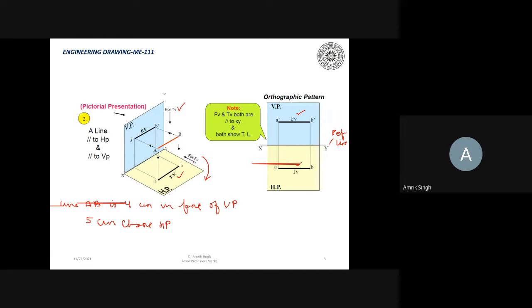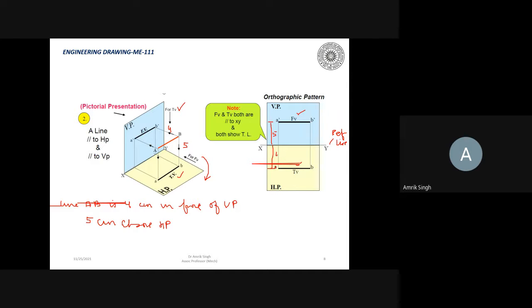So when it is 5 centimeter above HP, it is 5, and it is 4 centimeter in front of VP, so it is 4. If you have to draw this, this will be 5 centimeter, and this will be 4.